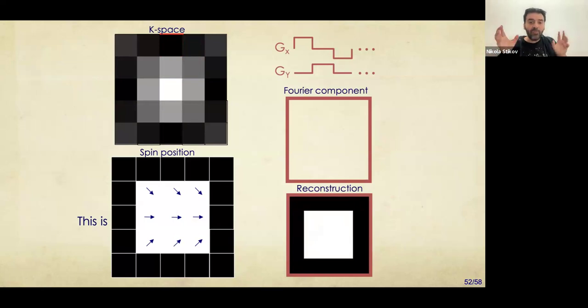And there was no way for you to infer what was inside it aside from exploring each frequency combination, adding it together in the reconstruction, and finally coming up with an image that looks like a square. But this will work with anything. You have a brain in there, nothing will change. You will still just create different patterns with your gradients and then calculate the Fourier components and add them to the reconstruction. So this is the way you make an image.